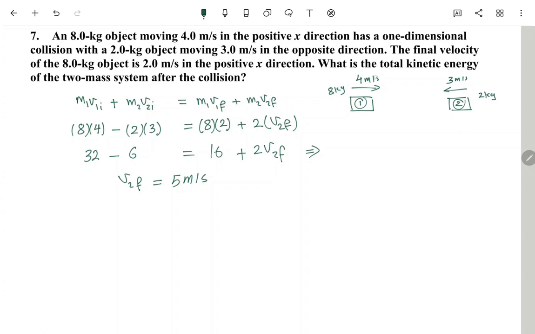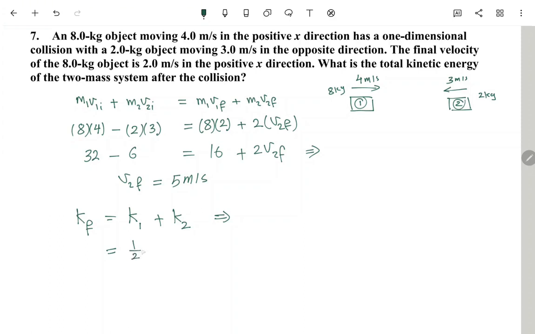Now the total kinetic energy of the two mass system after the collision. So we need the total kinetic energy for both objects here. So K final equal to K1 plus K2. K1 is the final kinetic energy for the 8 kilogram object, and K2 is the final kinetic energy of the 2 kilogram object.